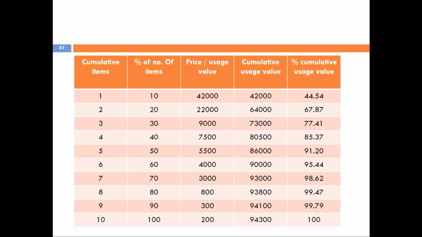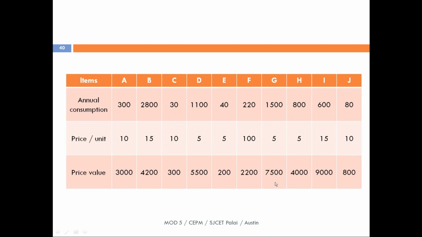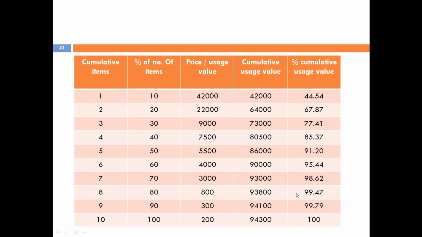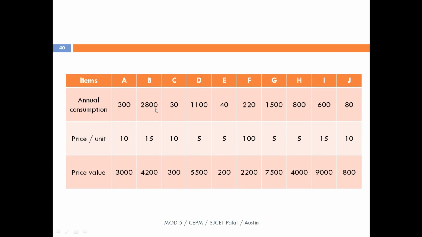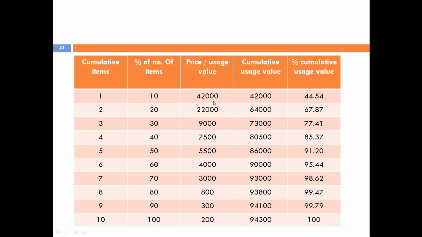So we could see in the third column they are arranged in descending order: 42,000, 22,000, 9,000, 7,000. Remember that these values are obtained from this value. So there is a mistake. This one, 2,800 into 15, is 42,000. A 0 is missing here. Please take note of that.